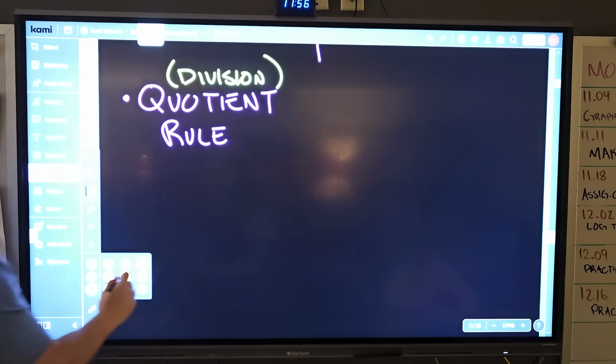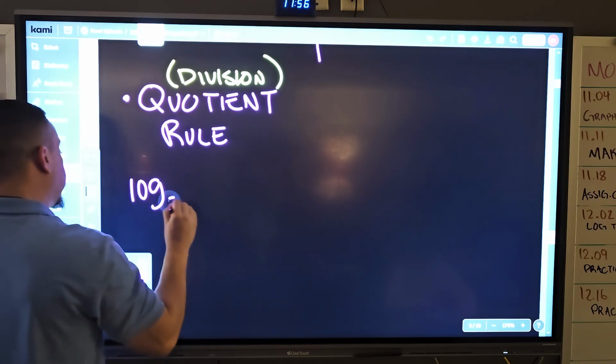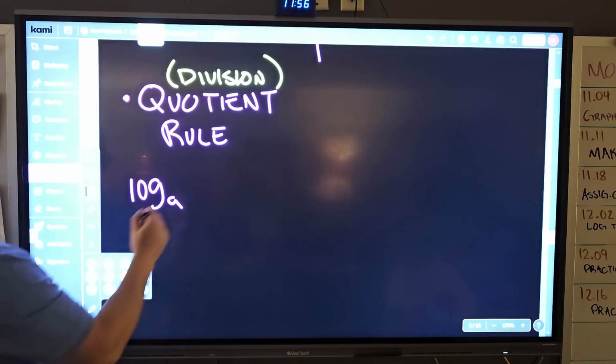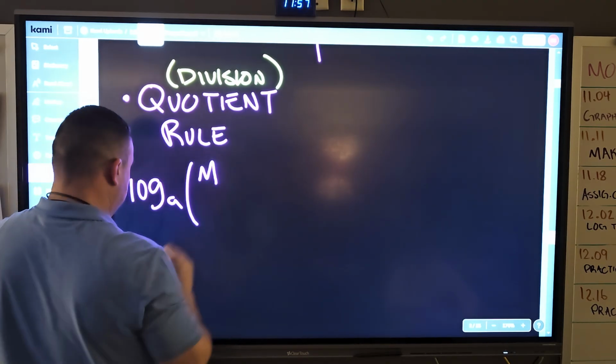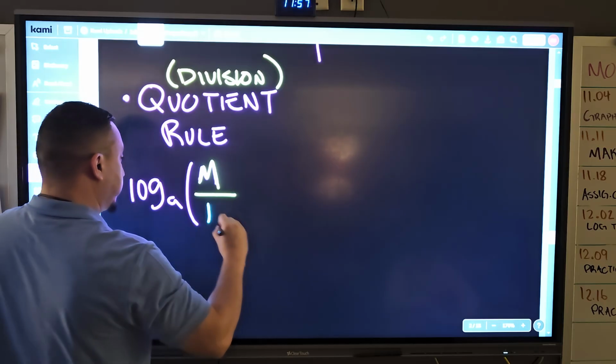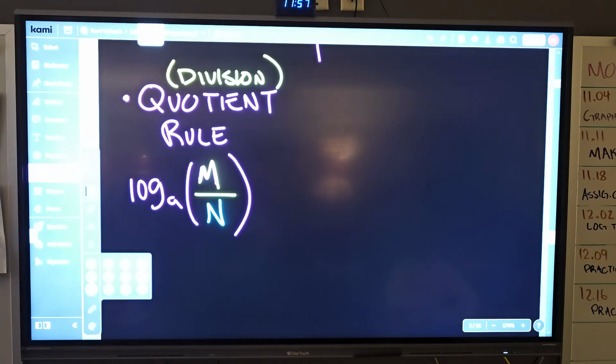So the division rule looks like this. The log of any base, the base doesn't matter, of m over n. A fraction means divide. You're dividing the top by the bottom.